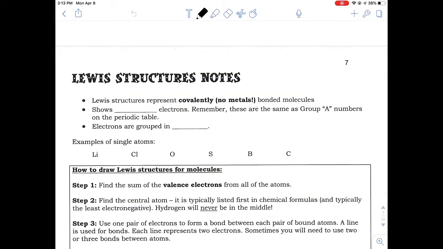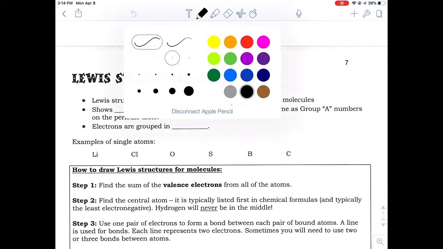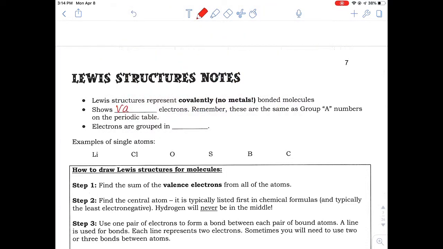All right, how to draw Lewis structures. Lewis structures represent covalently bonded molecules, and they show the valence electrons. These are the same as the group A numbers on the periodic table.